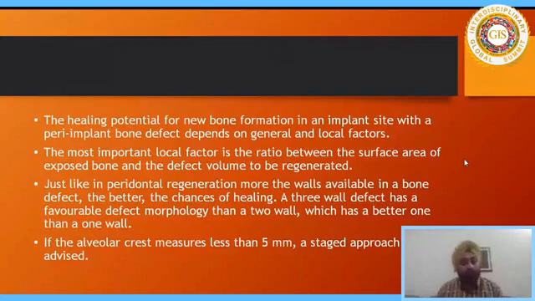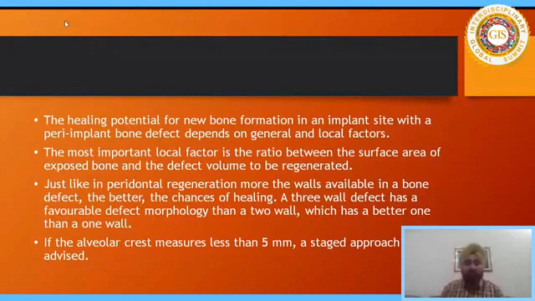For example, a three-wall defect has better defect morphology and will heal well because it has perfusion from three sides. Then a two-wall defect, and a one-wall defect is the most difficult to build.